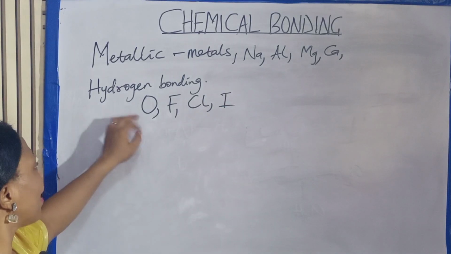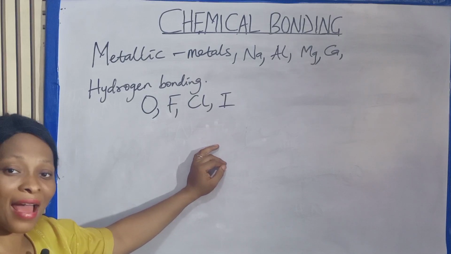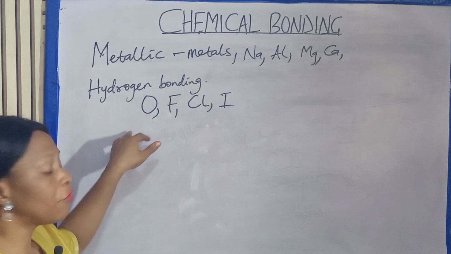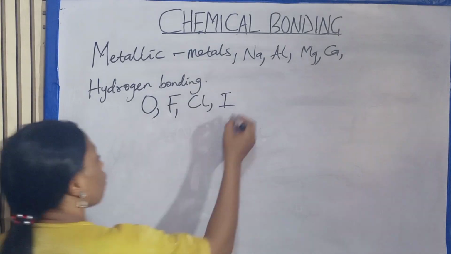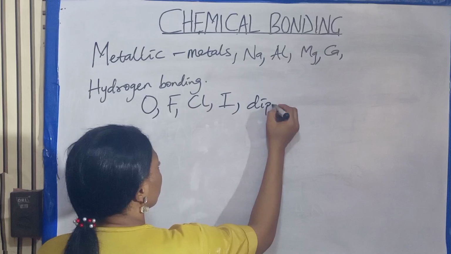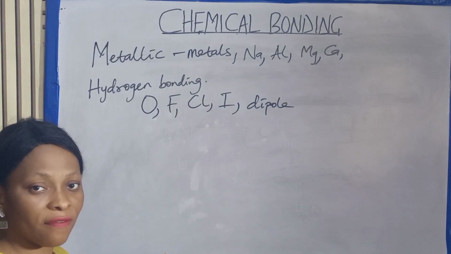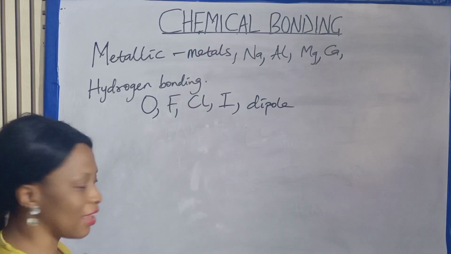Hydrogen reacting with highly electronegative elements, we refer to it as hydrogen bonding. Usually in hydrogen bonding, there is what we refer to as a dipole. A dipole is where hydrogen is partially positive and the highly electronegative element is partially negative.